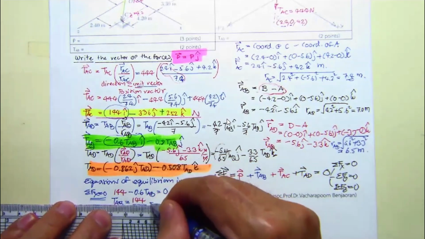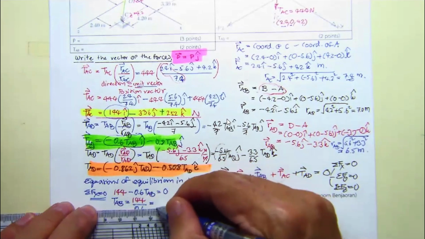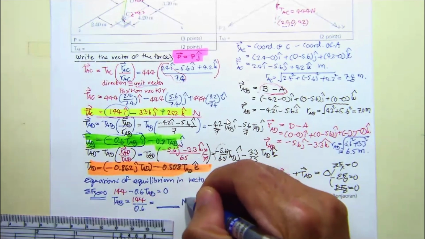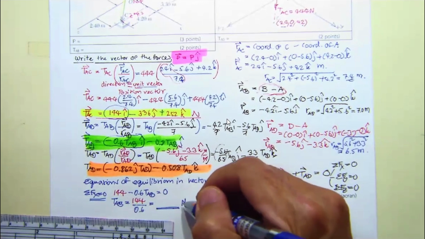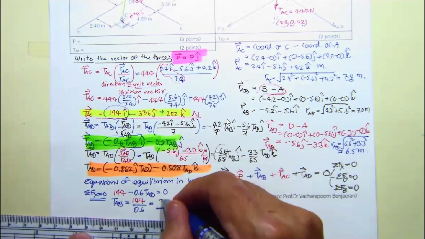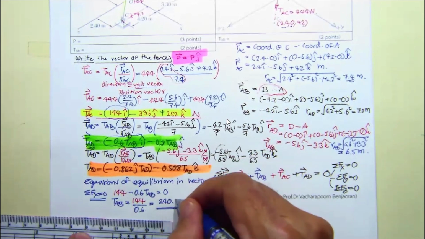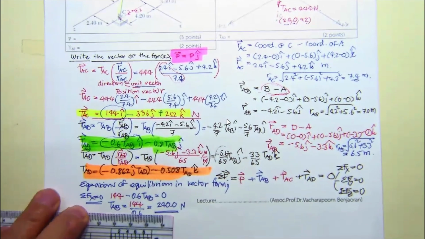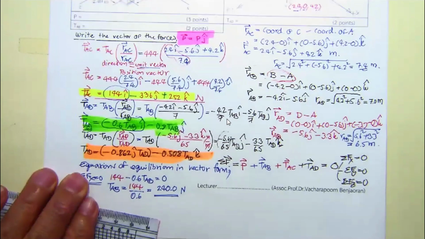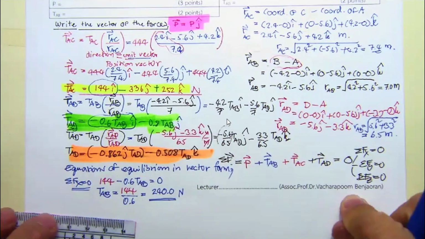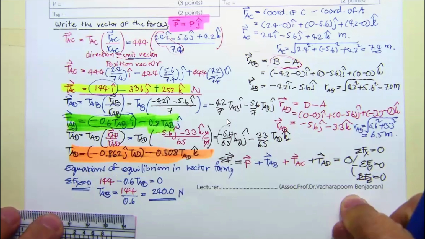You get the first answer. T sub AB equal to 240 Newton. Then you may move again. You don't need to have the free body diagram. You just check the force vector or the vector of the force.